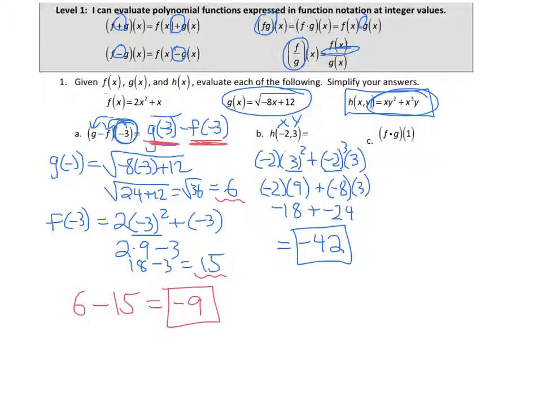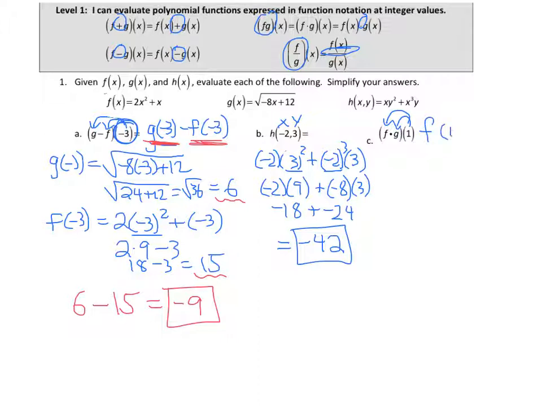Okay, and then for our last example, we are going to be using two different functions again. So it's kind of like our first example, but in this one with the closed dot, we are going to be multiplying two functions together. So I'm going to multiply, first of all, 1 is going to be plugged into both functions, and then I'm going to multiply the two answers.